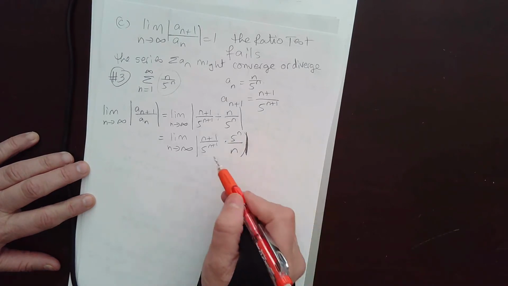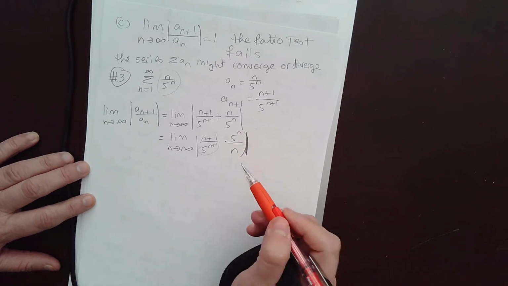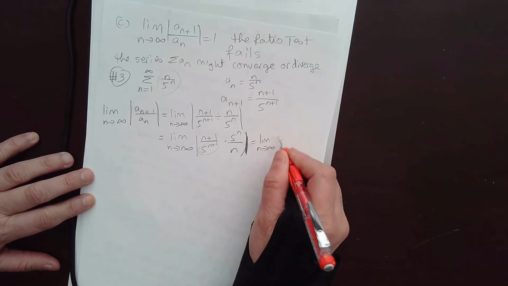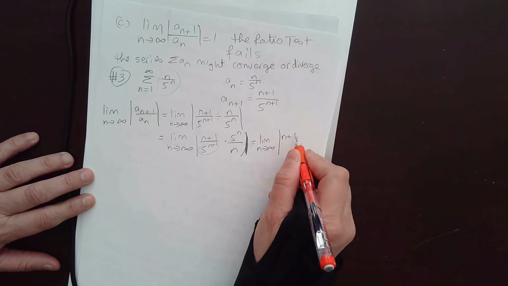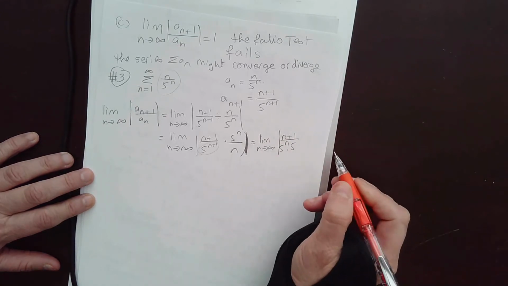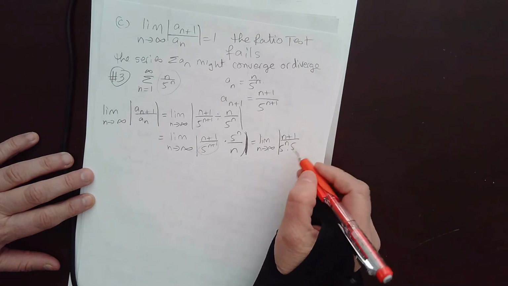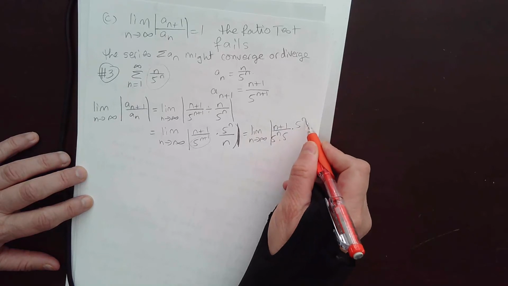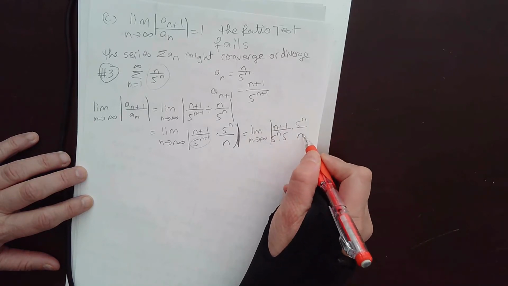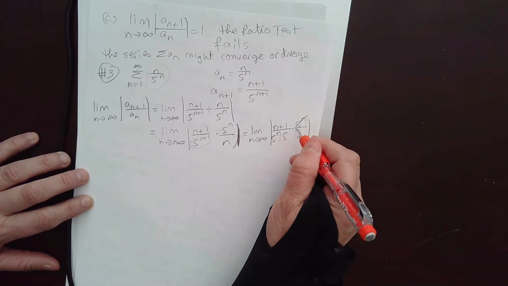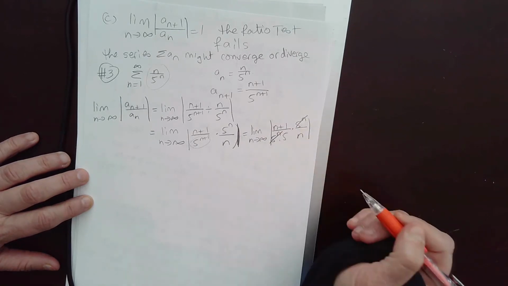So let's simplify it. What's 5 to the n plus 1? That's the same as, we're going to do a little bit of algebra here, 5 to the n times 5, isn't it? Right? So laws of exponents, and what happened here, the 5 to the n cancels with the 5 to the n, right?